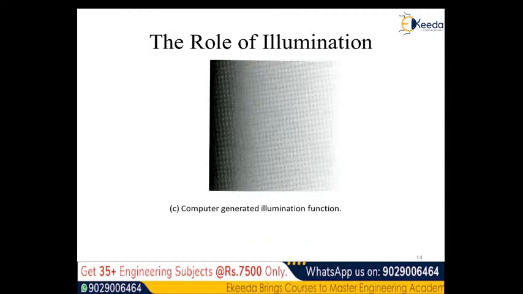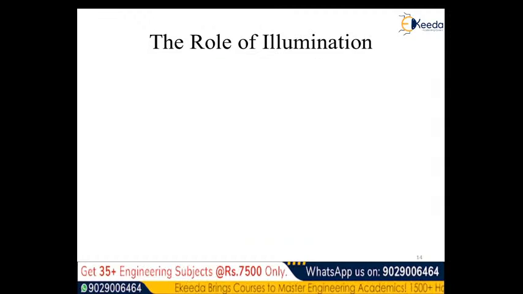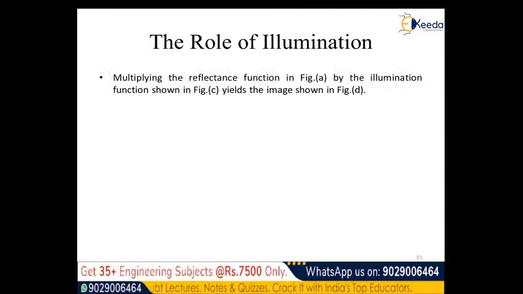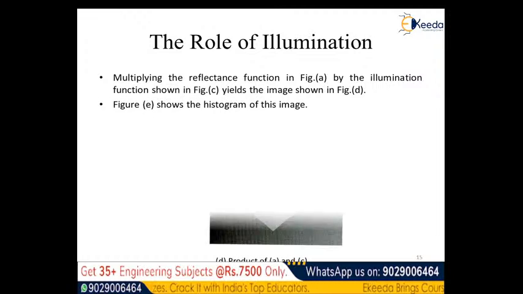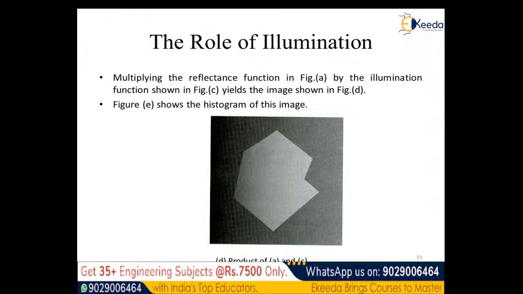So if we simply carry out multiplication of the reflectance function that we visualized in two-dimensional form in figure A by the illumination function that we just visualized in the two-dimensional plane in figure part C, the product of those functions is shown in the next part of the figure, and correspondingly we also plot the histogram for such a multiplication result.